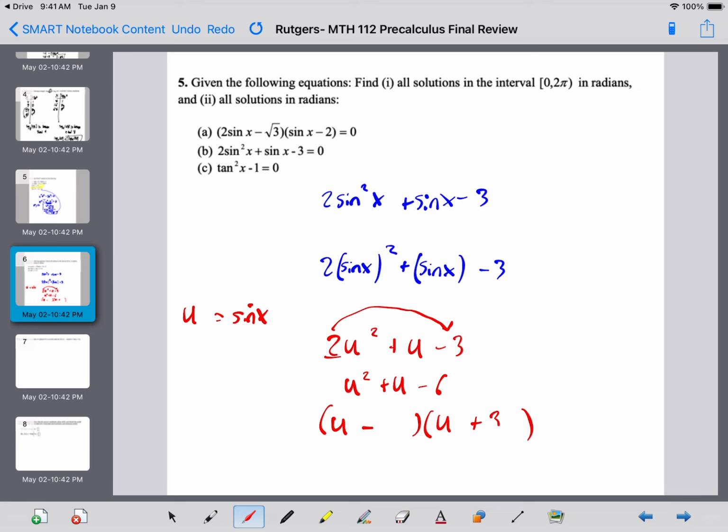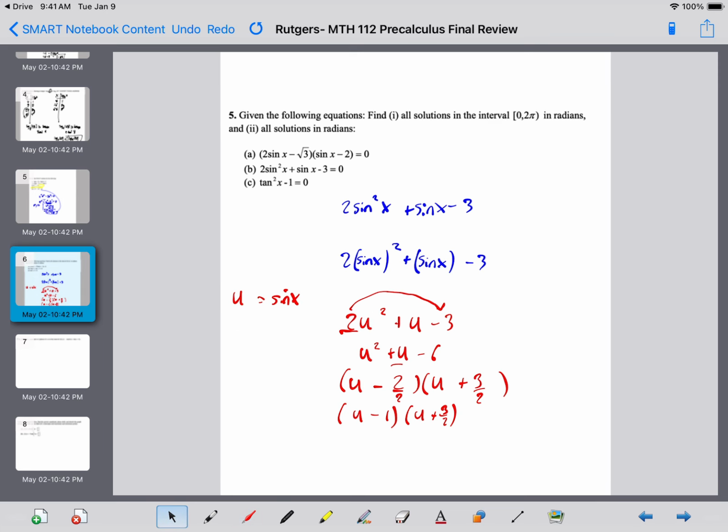So we would have positive 3, negative 2, because we want positive 1. And now, because we borrowed the 2, AC method's also called borrow payback, we have to divide by what we borrowed, simplify those fractions. Any remaining denominator will move to the leading coefficient of the respective binomial.